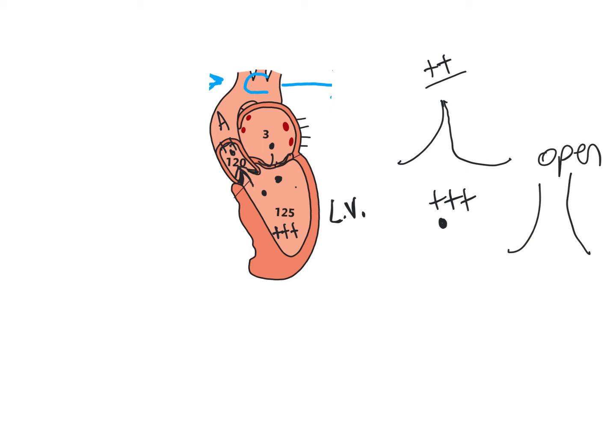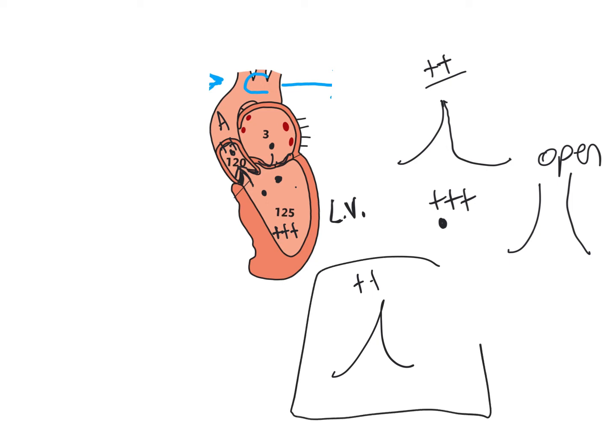But if the pressure in one area is greater than the pressure in this area, the valve does not open the other way around.